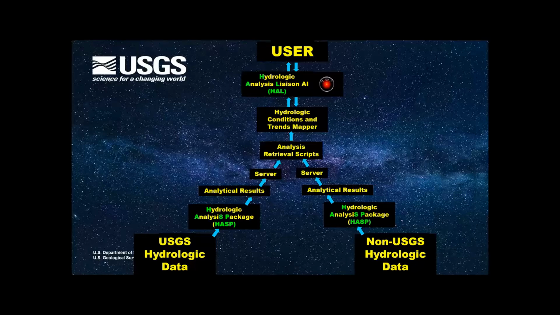But once you've got the data, the rest of the package should work fine on it. I didn't create the HASP package; other programmers in the USGS did that based on the scripts I provided. But my understanding from them is it was designed with that in mind, that people could use this on their own data.